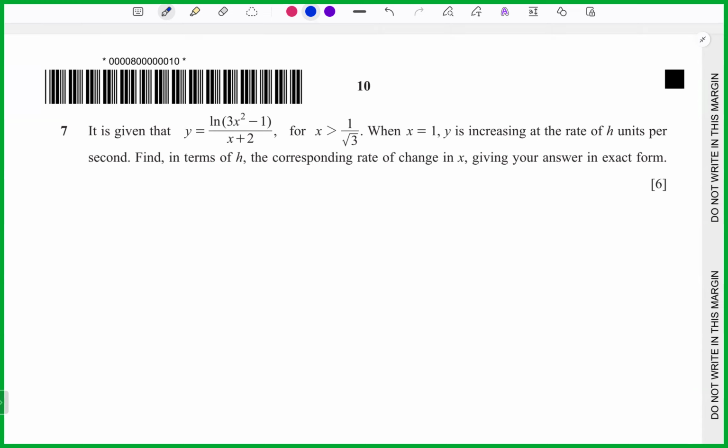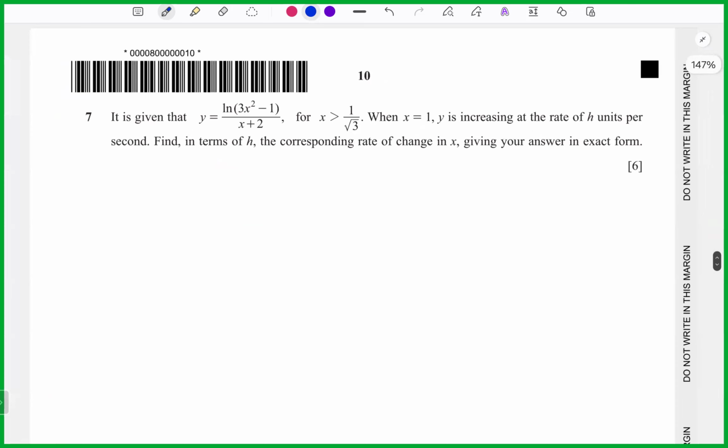When you do these questions, we try to analyze the question first. Look at the second sentence, the question says x equals 1, right? y is increasing at the rate of h units per second. So you need to write this way.